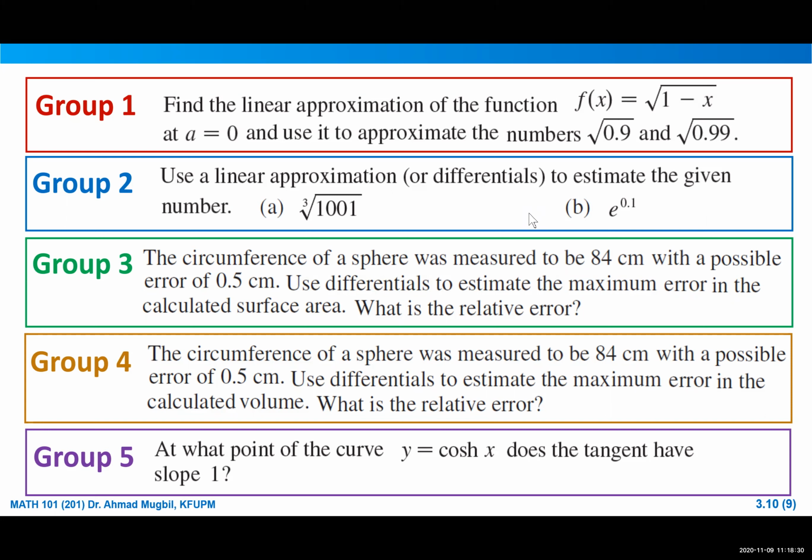Let me start again. Breakout rooms, how many rooms? Let me divide you into 5 rooms. Okay, like I said, 6 or 7 or 8 maximum.